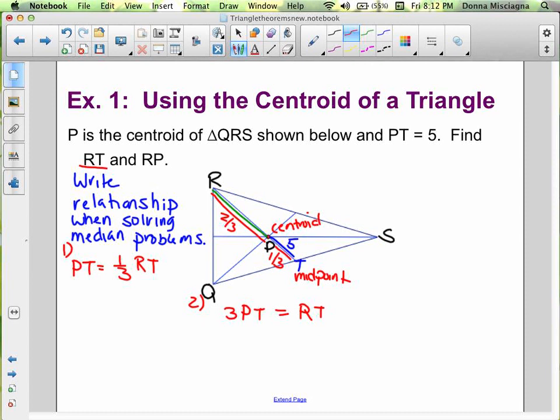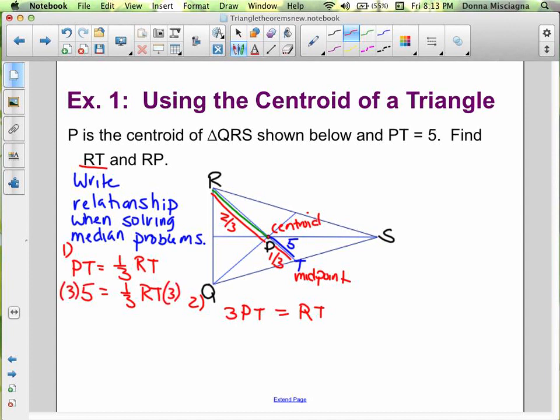So PT is 1/3 of RT. PT we know was 5. So 5 is 1/3 of RT. I want to solve for RT, so how do I get rid of the 1/3? If we have a coefficient, we can multiply by the reciprocal. The reciprocal of 1/3 is 3.